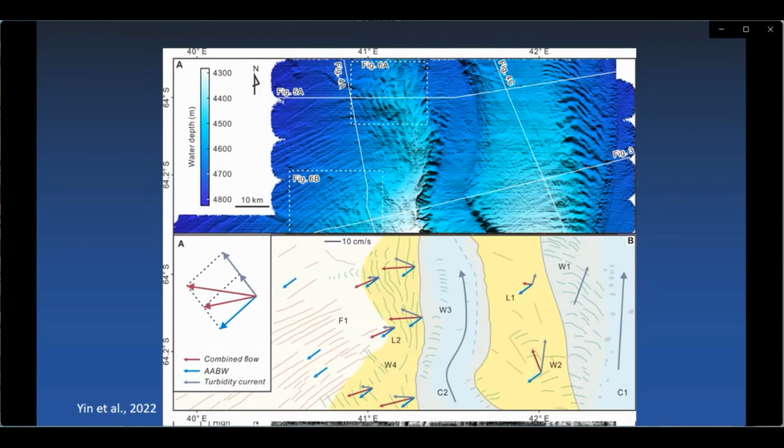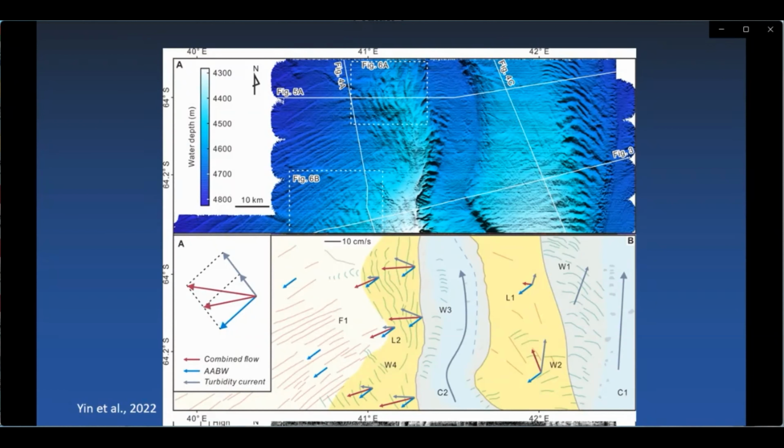One component is the turbulent current, and the other component is the Antarctic Bottom Water. The composed flow is marked in purple. This method can explain the bed form distribution very well.